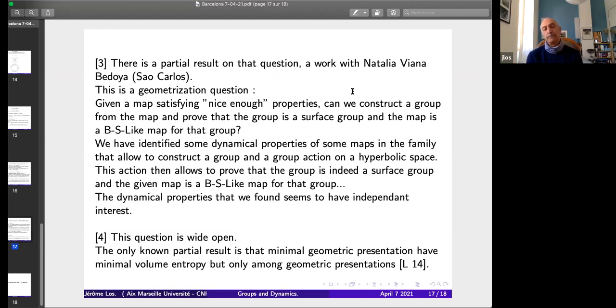The only partial result that we have on that question is that among the geometric presentations, we can use this dynamical system approach. And among these geometric presentations, it's not that difficult to check that the presentation with the minimal number of generators has the minimal entropy. And this gives the answer, but only among the geometric presentations.